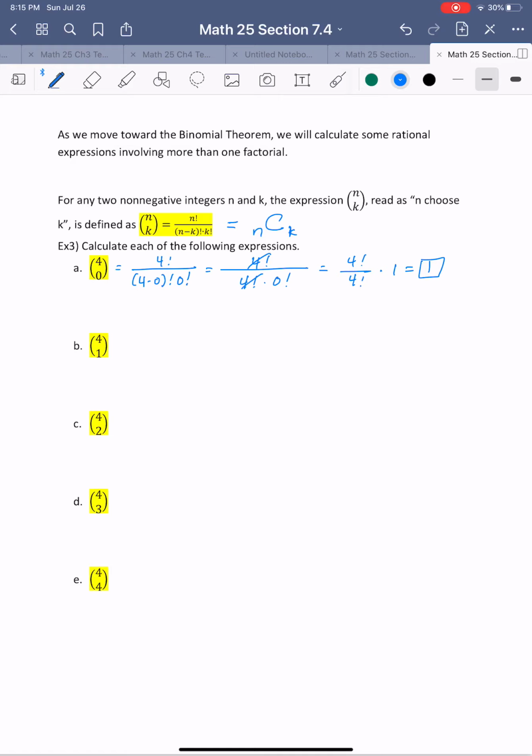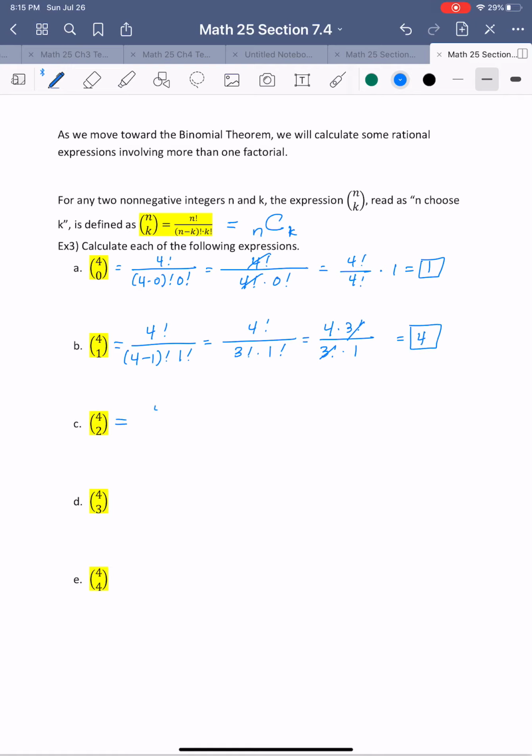This cancels out. Now 4 choose 1: 4 factorial over (4 minus 1) factorial, which is 3 factorial, times 1 factorial, which is also 1. So 4 factorial means 4 times 3 factorial over 3 factorial times 1, which equals 4.